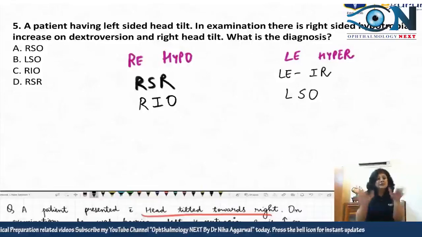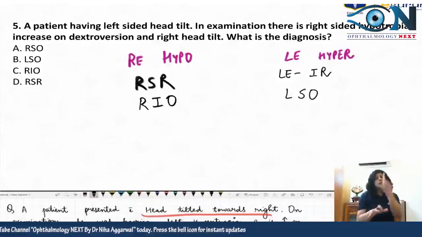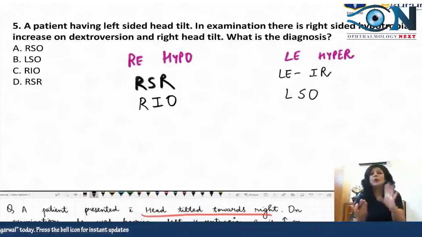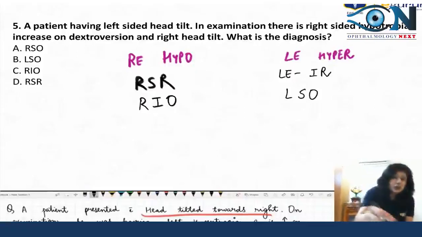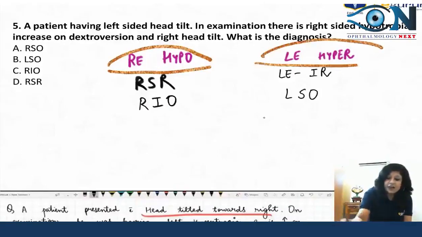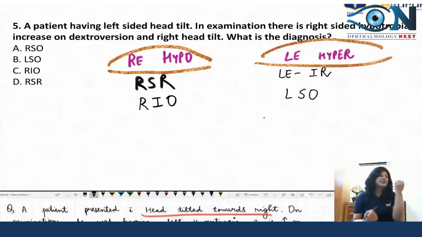So I think this is the first step. This is very, very clear. First you have to see which eye hypertropia, which eye hypotropia, number one. Now what was the second step? You have to see it is increasing in which gaze. So let us try to make the eyes, right? This is how I told you. Make the eyes, and they are saying that it is increasing in the dextroversion.